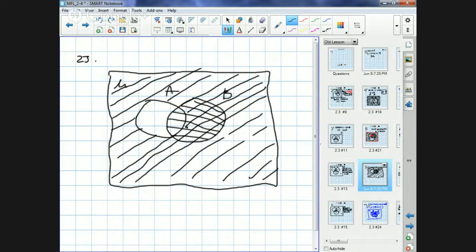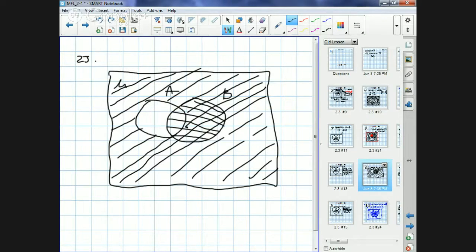That's where I'm confused. Oh, A intersecting with B in the cross-hatching area. Well, no. You're right, A intersects B in that middle part, but that's not what they're asking. They're asking you in this problem to do not A, complement, intersect B. So the answer is where the cross-hatching is, three-quarters of the moon in here. This is the answer.